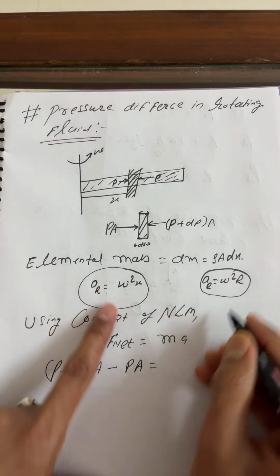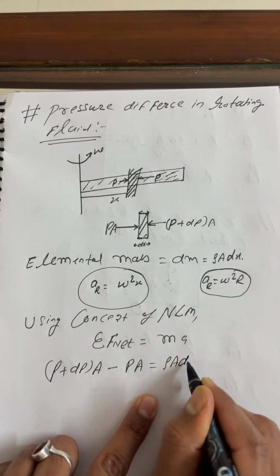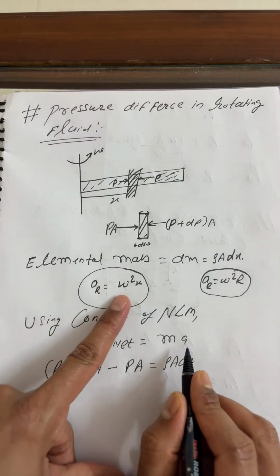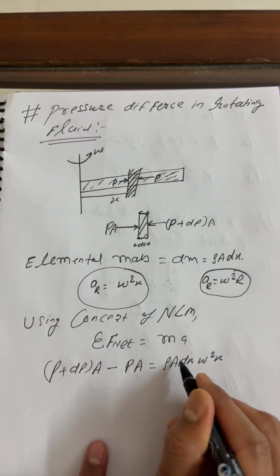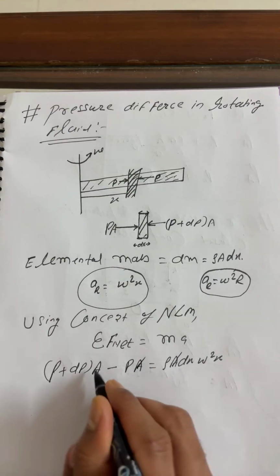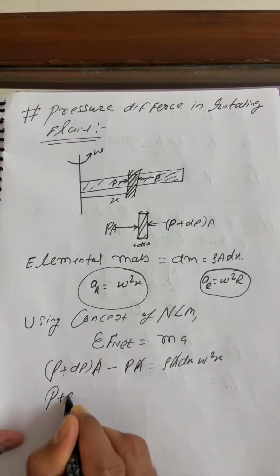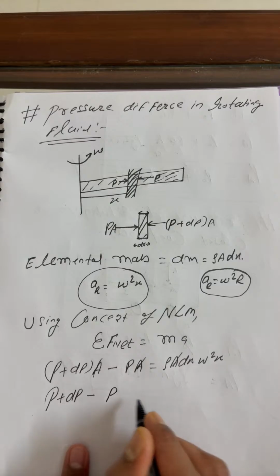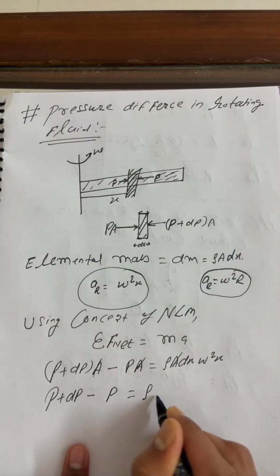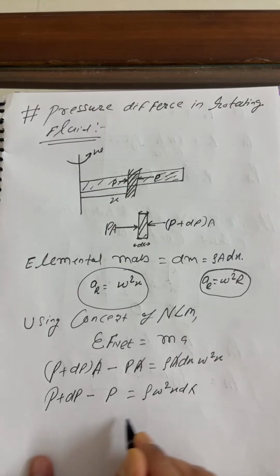What is dm? We already found it: rho A into dx. And the acceleration is omega square into x. Now this A, this A, this A cancel. So P plus dP minus P is equal to rho omega square x into dx.